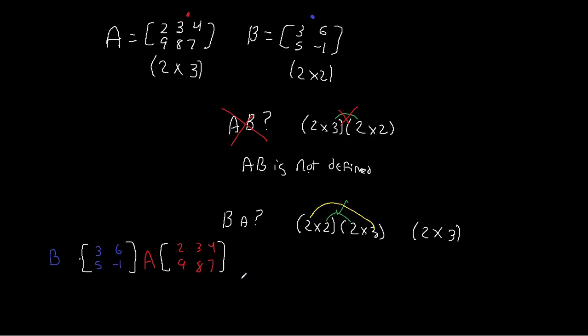So B times A. We know we're going to get a 2 by 3 matrix, so I'm going to give myself plenty of room here.